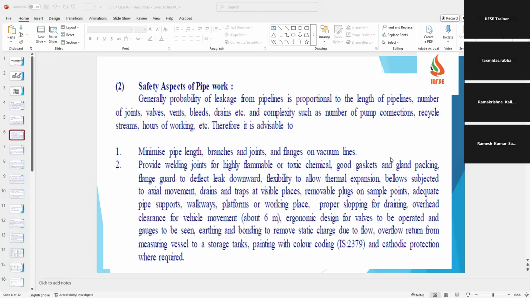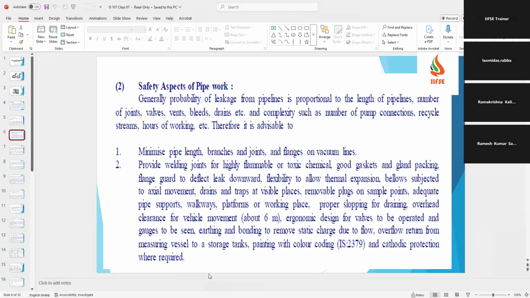Because if you leave the material from the top, it will hit the bottom of the reactor and then get separated. That is also friction, separation and collision, and one of the reasons for static electricity between two dissimilar materials.